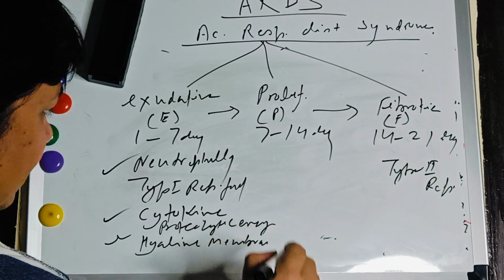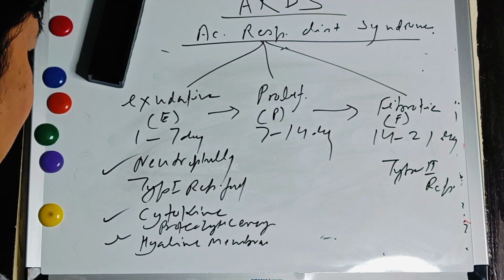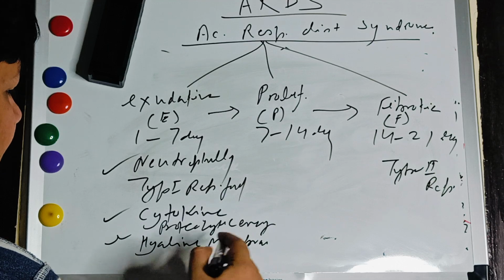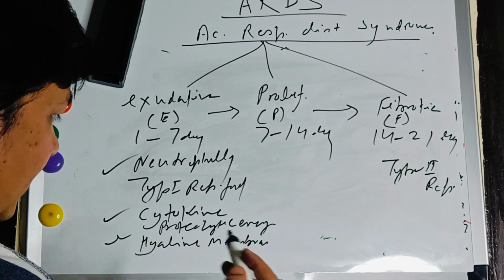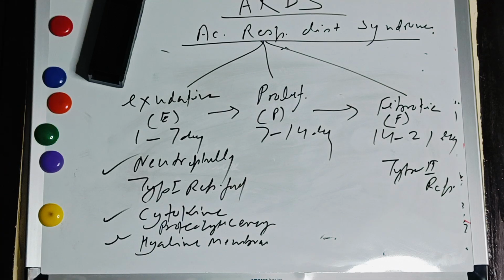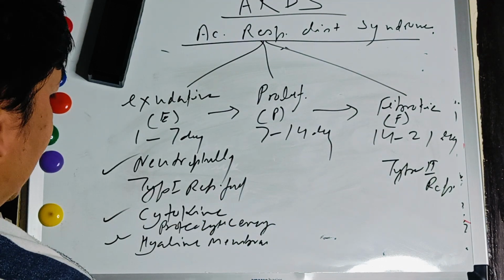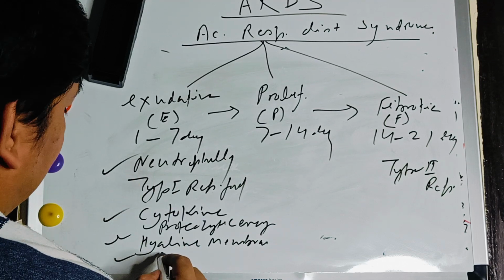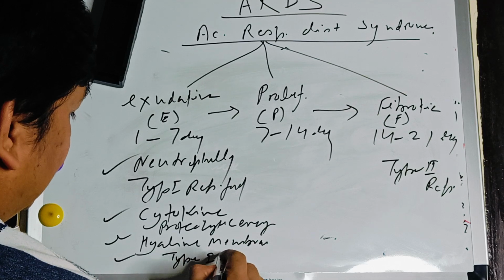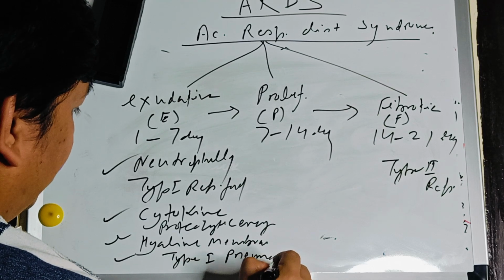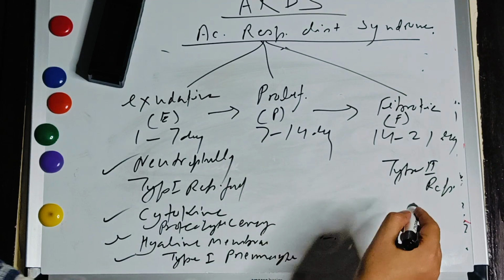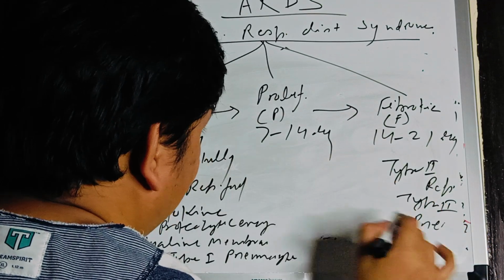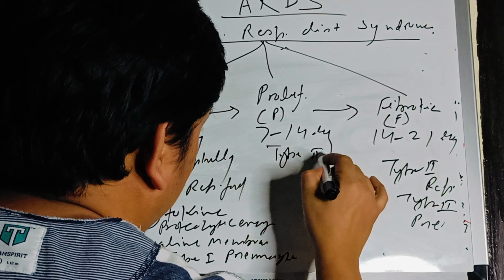These are the pathological points, in a nutshell only. You can elaborate it, I will explain it later on. Hyaline membrane formation, cytokine storm, and proteolytic enzyme secretion because of neutrophils, and type 1 respiratory failure is there. And important point is type 1 pneumocytes are involved here, and in fibrotic type 2 pneumocytes are involved. In proliferative phase also type 2 pneumocytes are involved.